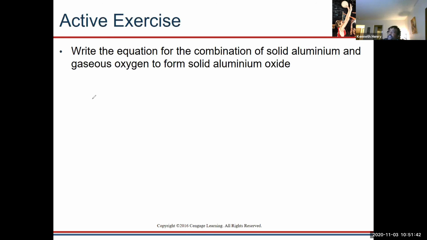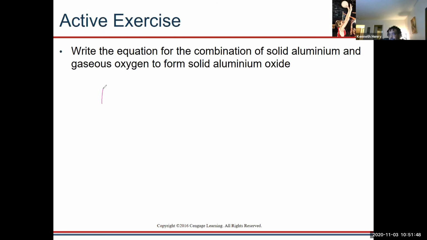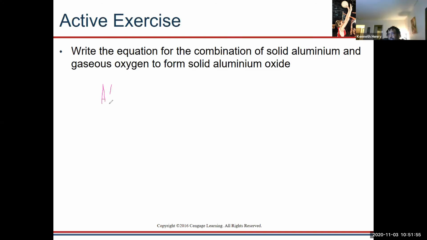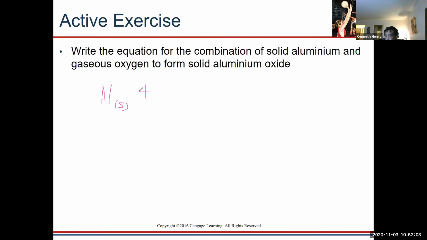Hector, what are the reactants? Aluminum and gaseous oxygen. Okay, so what does aluminum look like? Al. Okay, is it solid, liquid, or gas? Solid. Okay, gaseous oxygen, what does that look like?